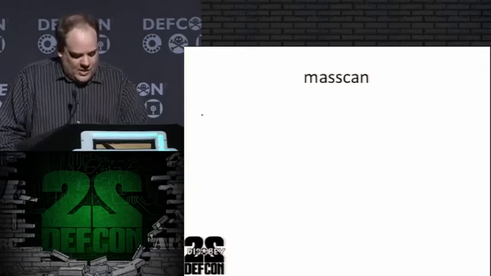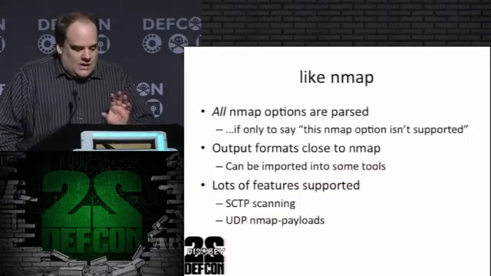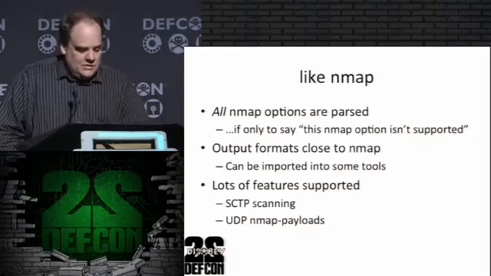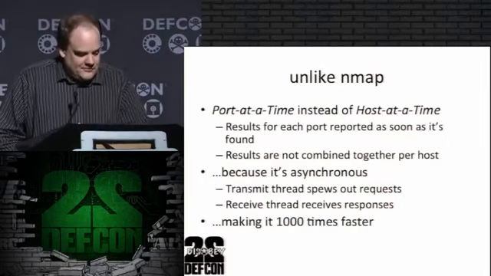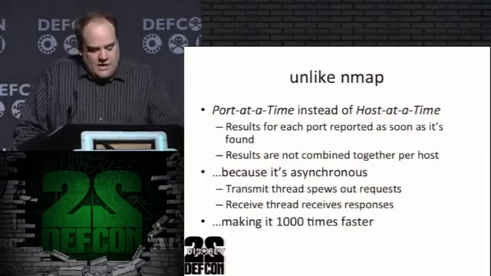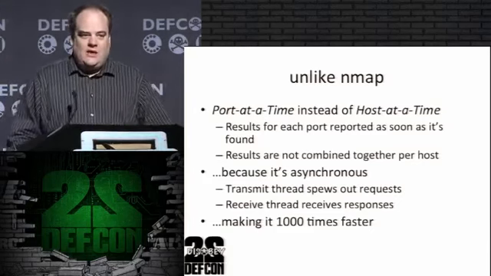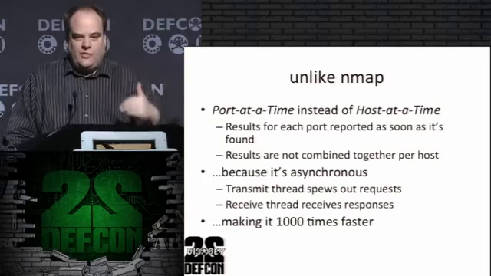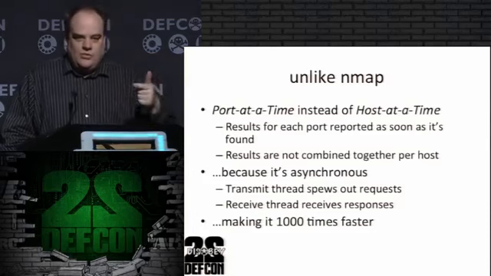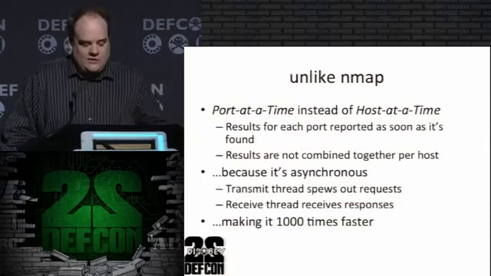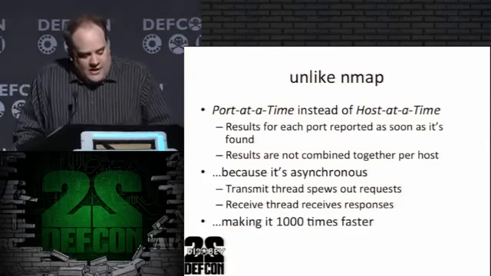So I wanted to quickly talk about Masscan itself. It's just like Nmap, but not. The biggest thing is that Nmap does what's called a synchronous scan. It does a host at a time. It starts the scan, waits for the response, and sends retries if it doesn't get back the expected response, and that's what slows it down.